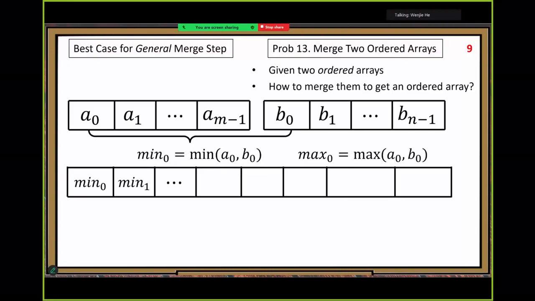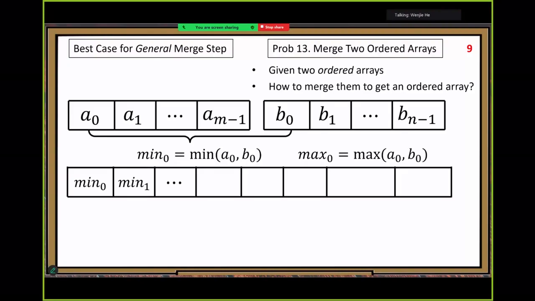So for the general case, this time, our goal, we want to consider a special situation that we need a minimum number of comparisons. That's the best case.